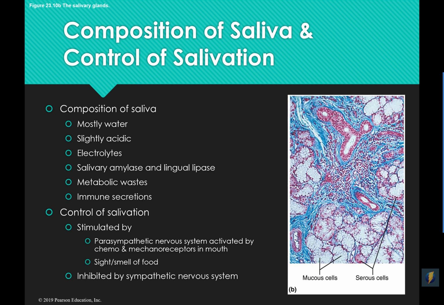Saliva and salivation is controlled by the autonomic nervous system. Sometimes even the sight or smell of food will activate the parasympathetic nervous system through its connection through the hypothalamus and the limbic system, so that you start producing saliva even before you've eaten.